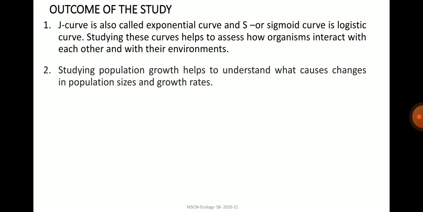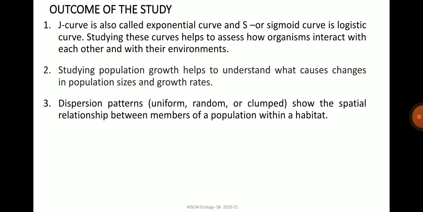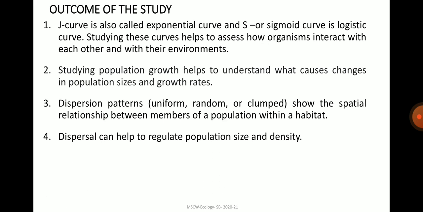Study of population growth helps to understand what causes changes in population sizes and growth rates. Study of population dispersion patterns such as uniform, random or clumped shows the spatial relationship between the members of a population within a habitat. Population dispersal can help to regulate population size and density, that is the immigration, emigration and migration of individuals within a population.